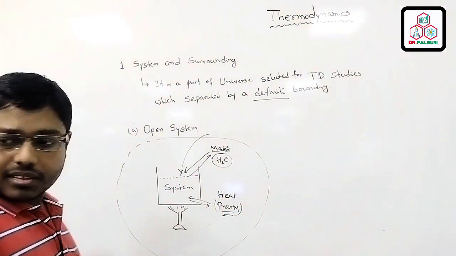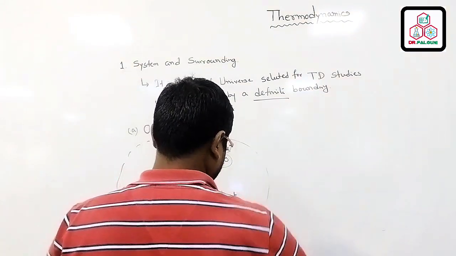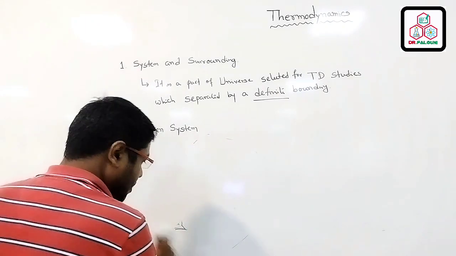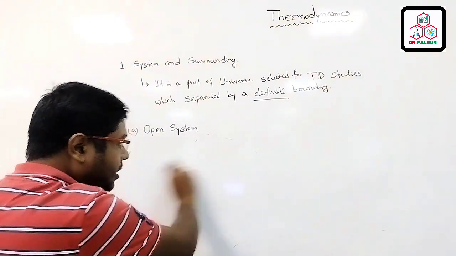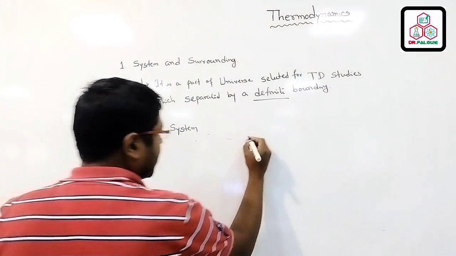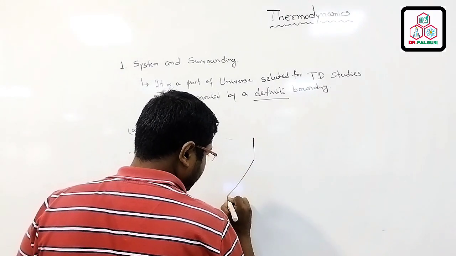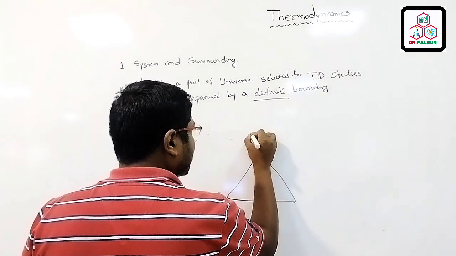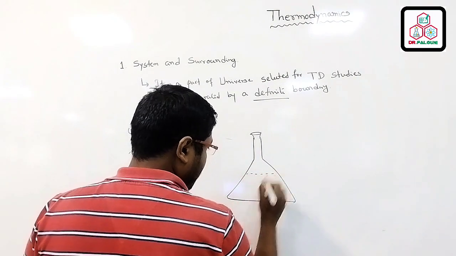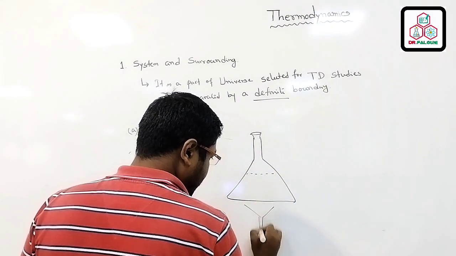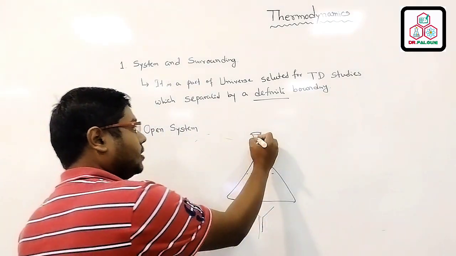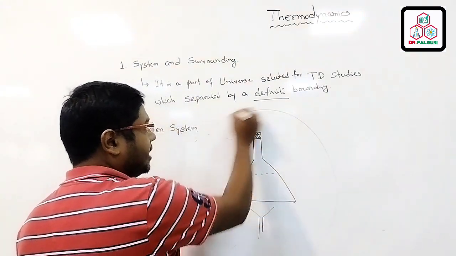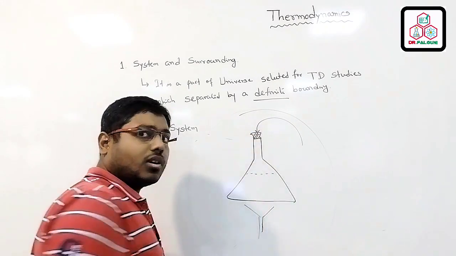Okay. Second is the closed system. Suppose you put water in a conical flask and you close the mouth of the conical flask and heat it. If you close the mouth of the conical, that means you cannot add more water.